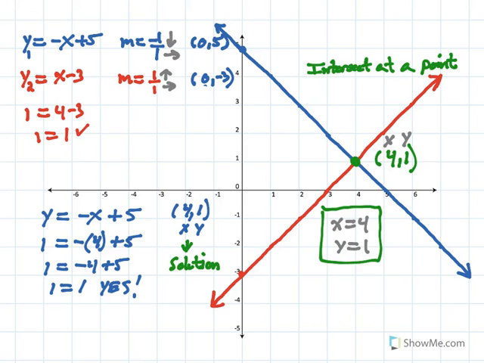In this case, in the very last one we did, it was 4 comma 1. Your x is 4 and your y value is 1. And you can check by plugging those values into both of the equations that were given to you and see if they give you equal quantities on both sides. That will tell you if you have the right solution. But if you graphed it correctly, then you should be good to go. You can always verify this on a graphing calculator if needed.